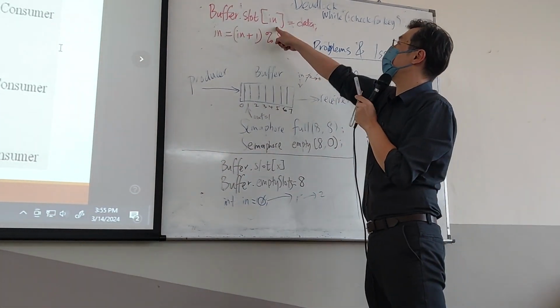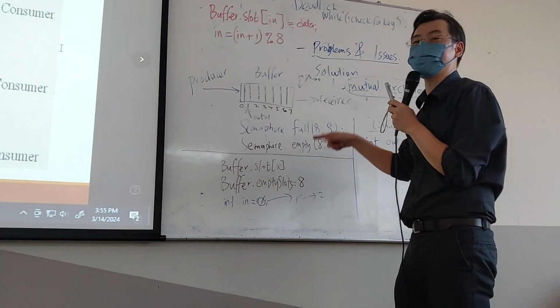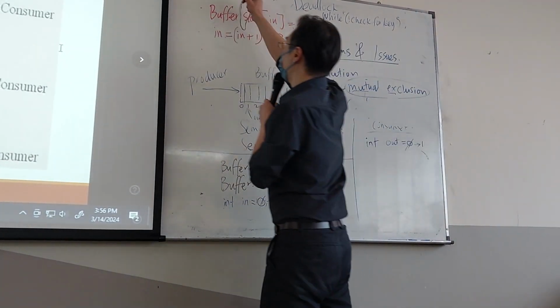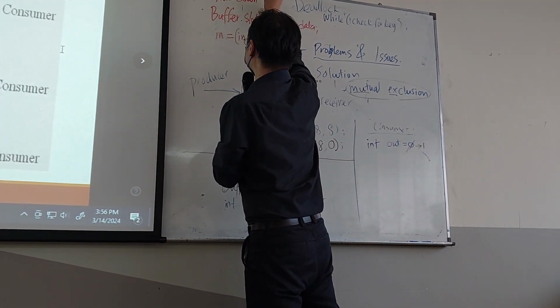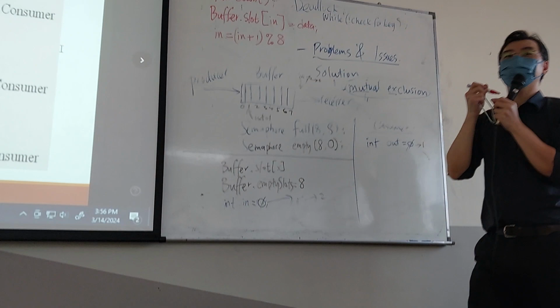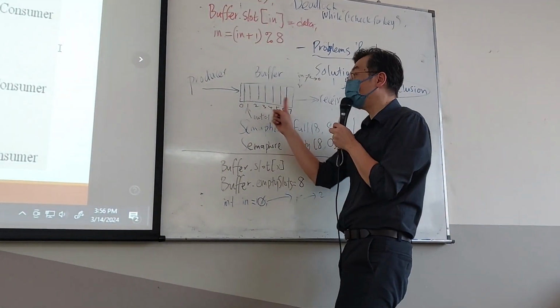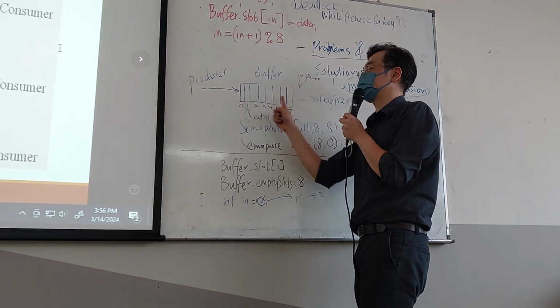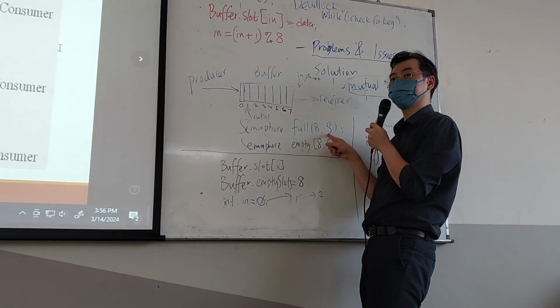But before I'm able to put the data in, I have to do the down first. What do I do? Full down. Is that logical? Remember, this semaphore is going to keep track also with this count, this number of slots. Initially, it starts with 8. Right?